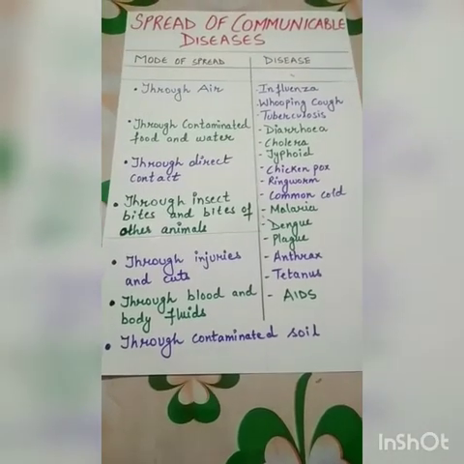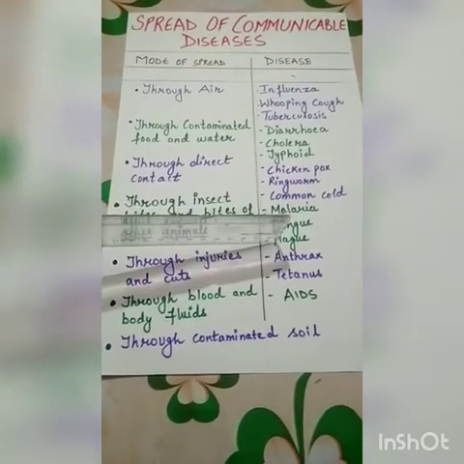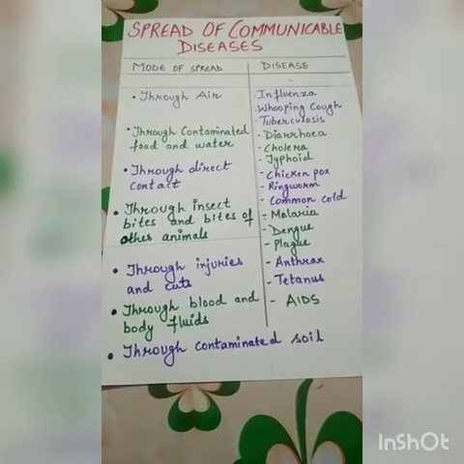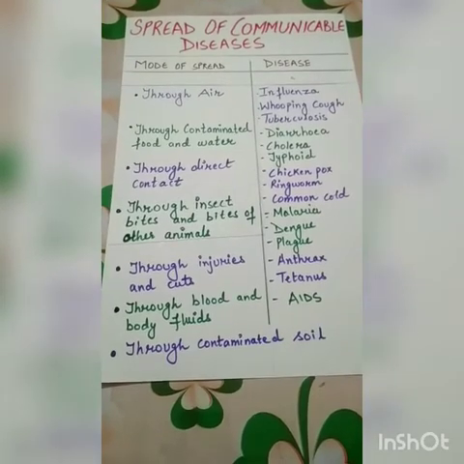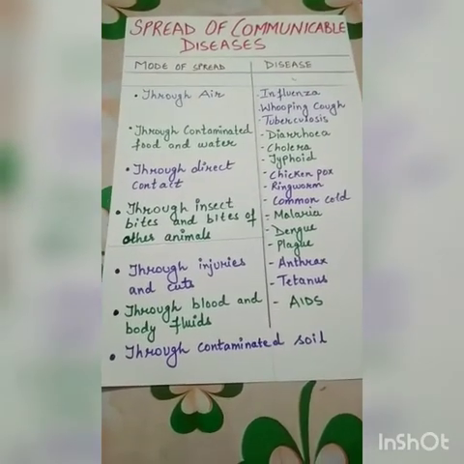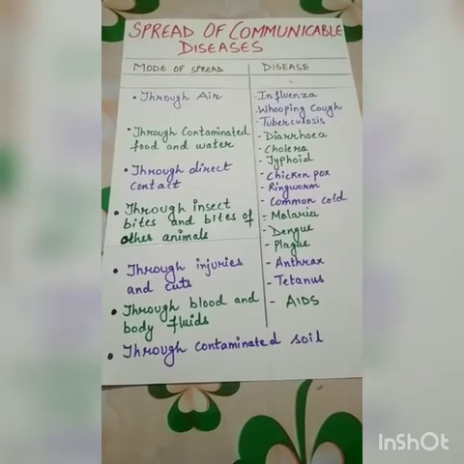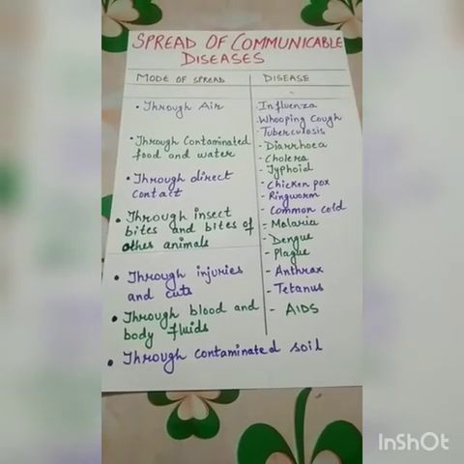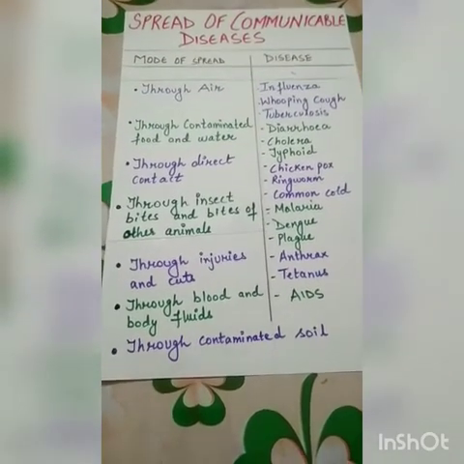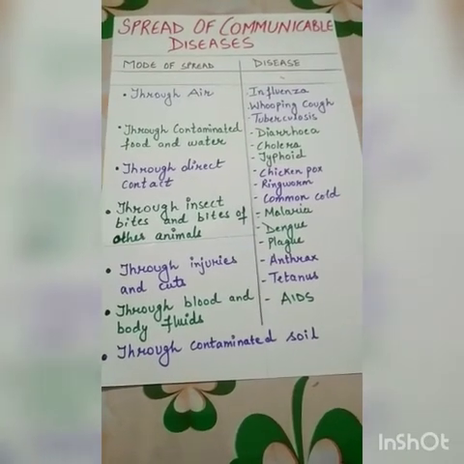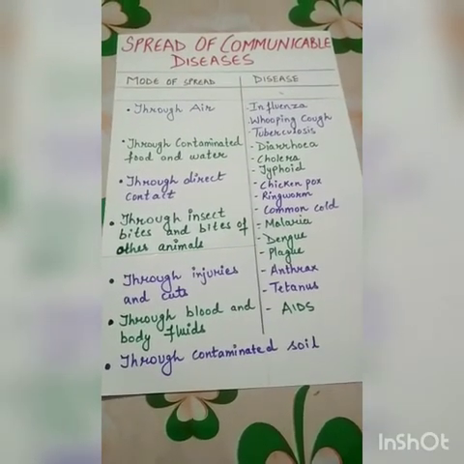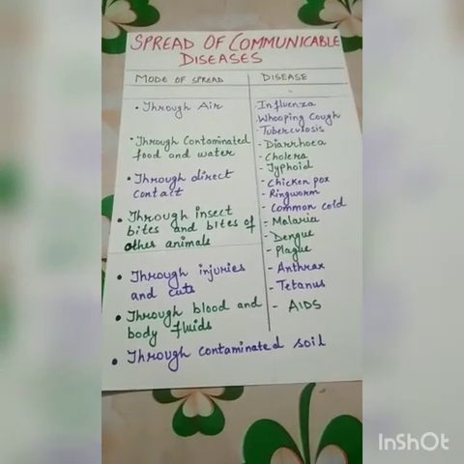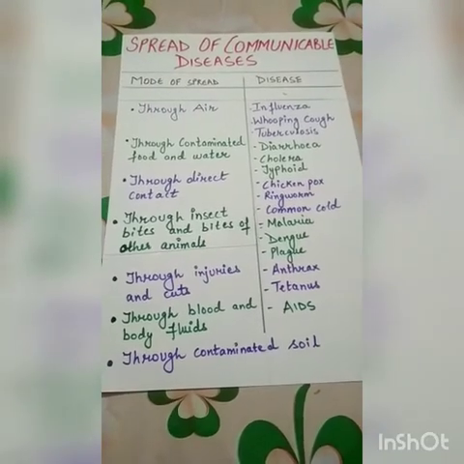Apart from malaria, dengue and plague, there are some other diseases also which are spread through insect bites and bites of other animals, like the disease called Kala Azar, which is spread by sandflies. Then we have a disease called sleeping sickness, which is caused by tsetse flies. So, these were some other diseases caused through insect bites and bites of other animals.